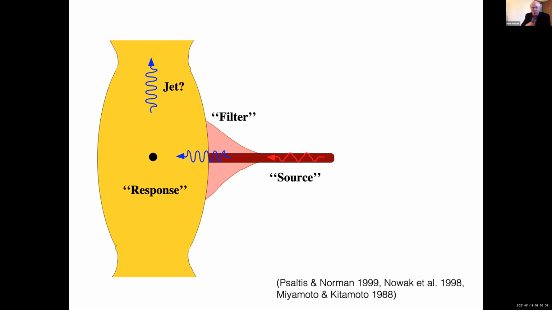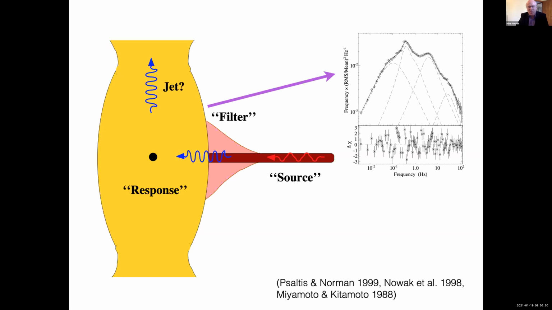And there's a great paper on this by Dimitrios, Psaltis and Norman, 1999. The best, most highly cited unpublished paper I know of that never got published. Dimitrios can tell you that story, but it's a great paper and it's had a lot of influence on the way people think about this. And so you might imagine that this is our driving and response system.